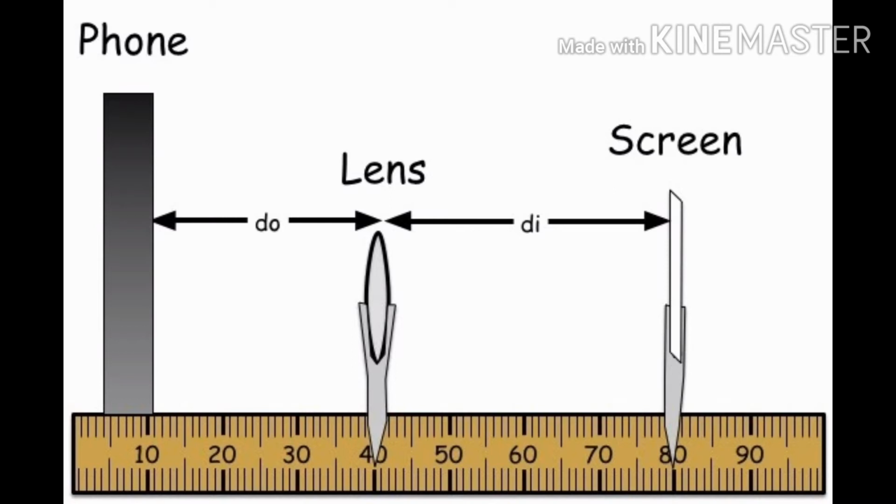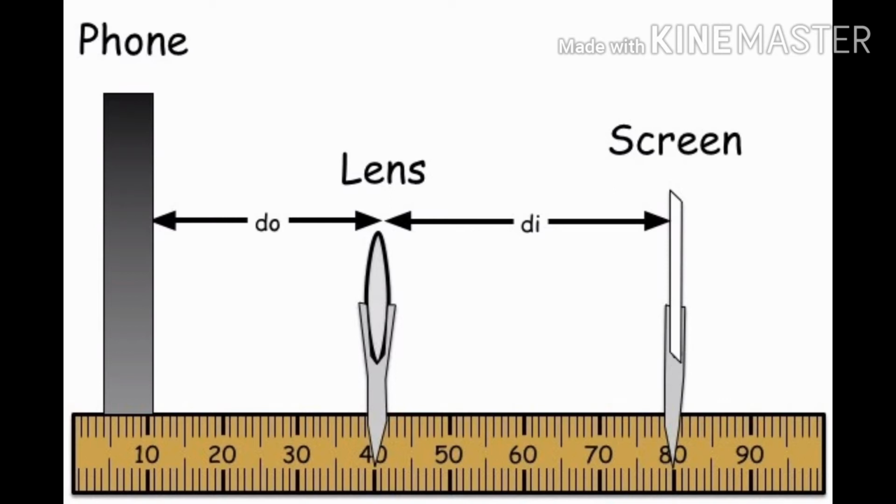Measure the distance between the screen and the lens with the help of a meter scale. Now turn the other side of the lens towards the screen and again obtain a clear image of the distant object on the screen by moving the lens forward or backward. Measure the distance between the screen and the lens again.